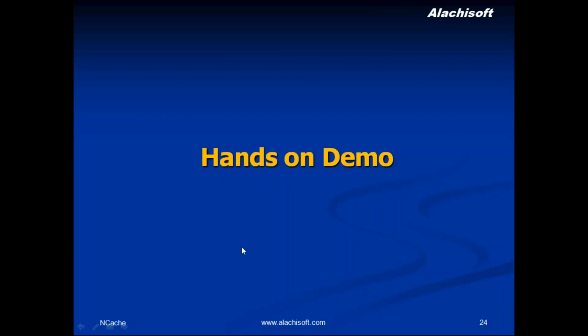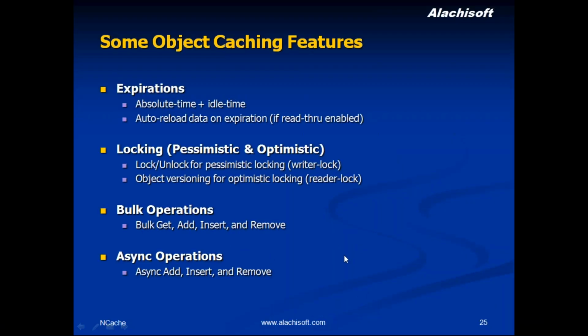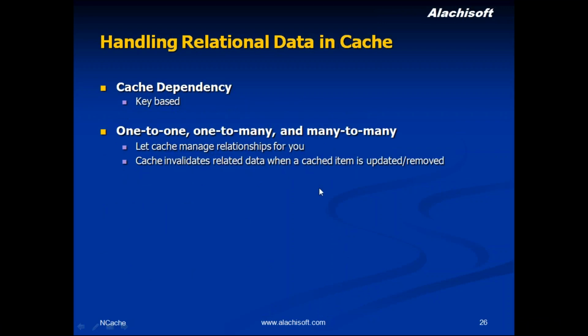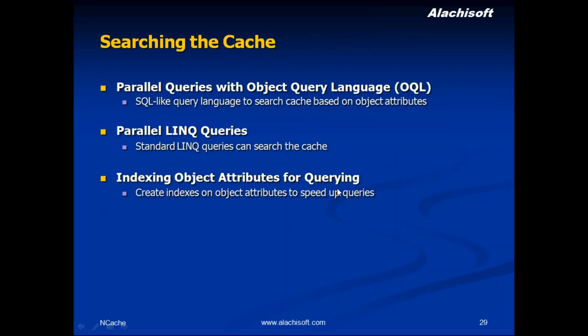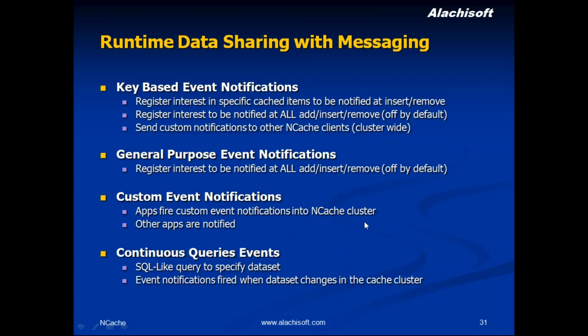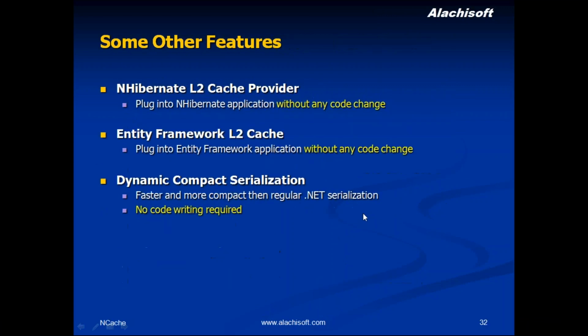Okay, I'll quickly sum it up for you. There are a lot of object caching features that you can take advantage of. These are part of NCache object caching support, and then we already covered ASP.NET sessions and view state. There are some third-party integrations as well. So this essentially is the end of our webinar. I apologize for running through a few bits because of time constraints.